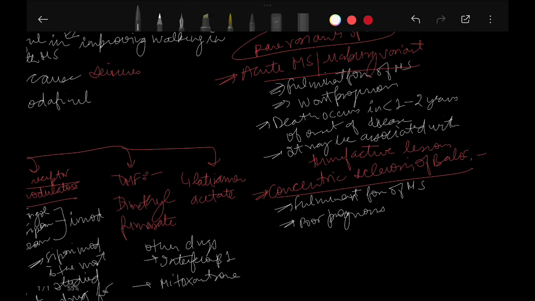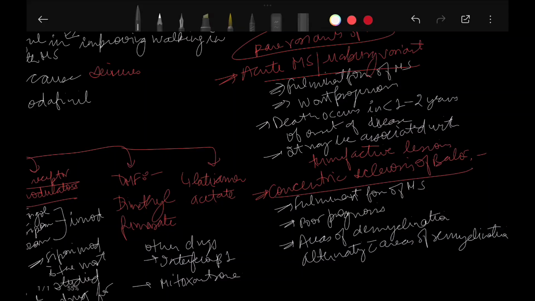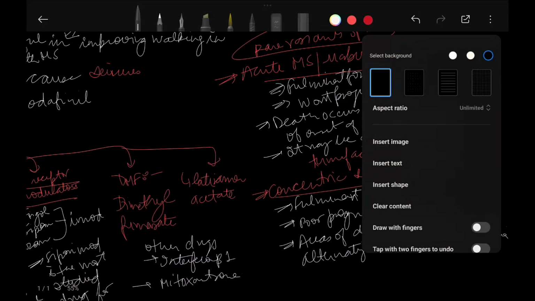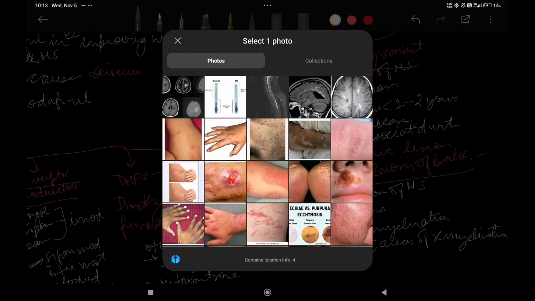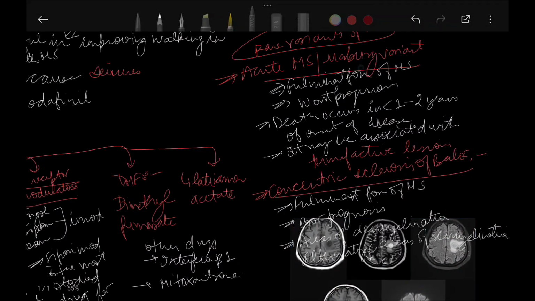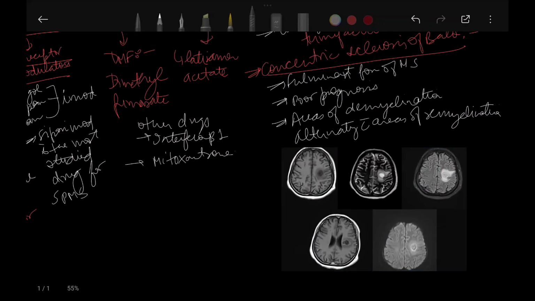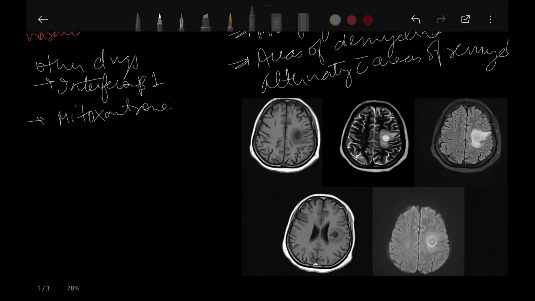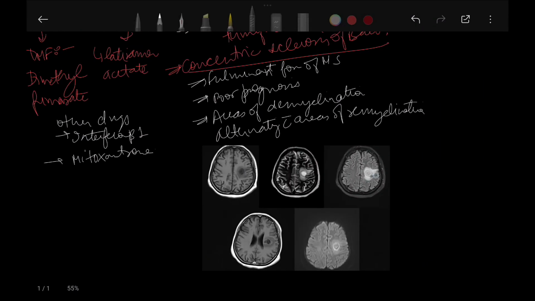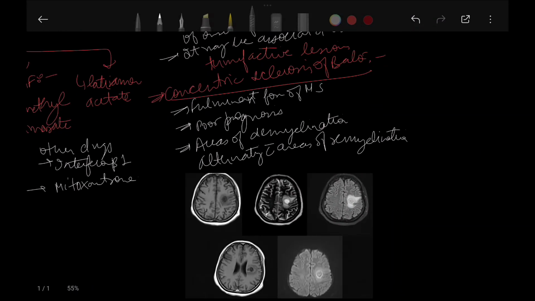And there are areas of demyelination alternating with areas of remyelination, which leads to these kind of concentric alternating areas of demyelination known as concentric sclerosis of Balo.